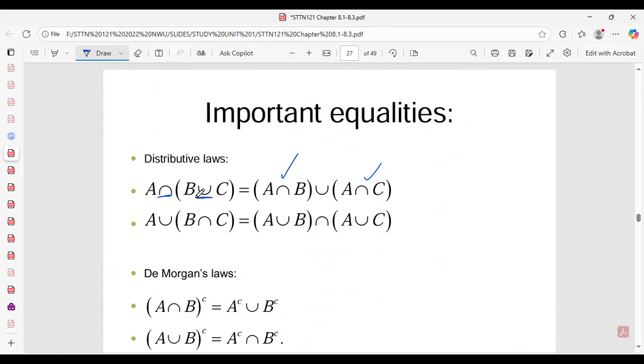But this symbol, the union, is the one that you see here. Then here, A union multiplied by B, it's A union B. And then A union multiplied by C, it's A union C. The intersection is still there. You don't change it.